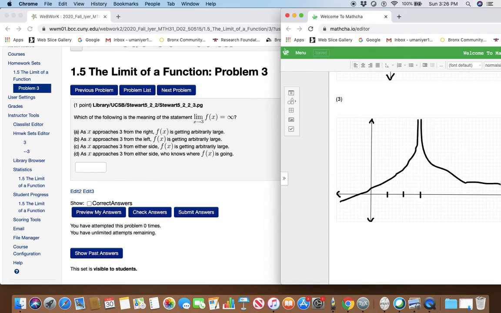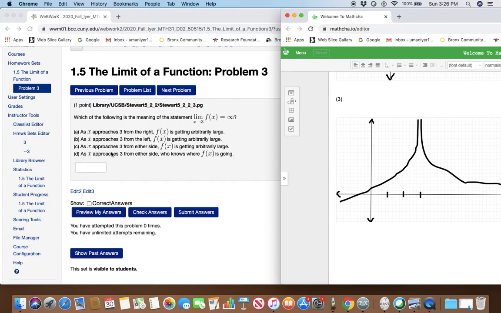So as x approaches 3 from the left, f(x) is getting arbitrarily large. From the right alone, from the left alone, well, it should be arbitrarily large from both sides. That's what it means for the limit as x approaches 3 of f(x) to be infinity.